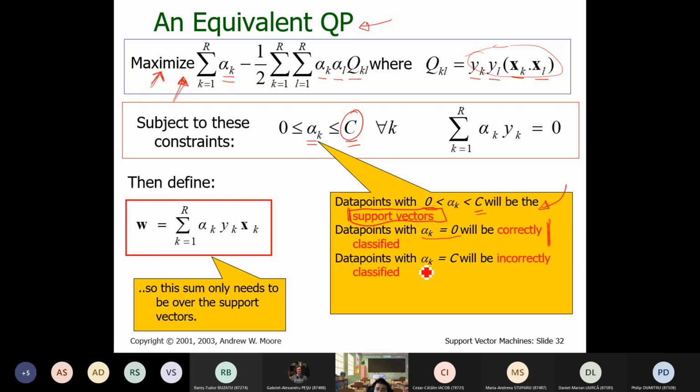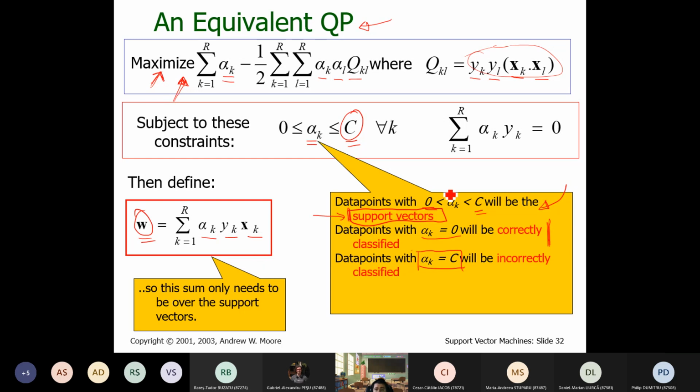And we will see that the points that are incorrectly classified will have alpha k equal to C. I know these points are incorrectly classified, but I'm not interested in them when we compute the position of the classifier. When we compute W, we saw that the value of W was given by the sum of alpha k, yk, xk, but only for the support vectors.